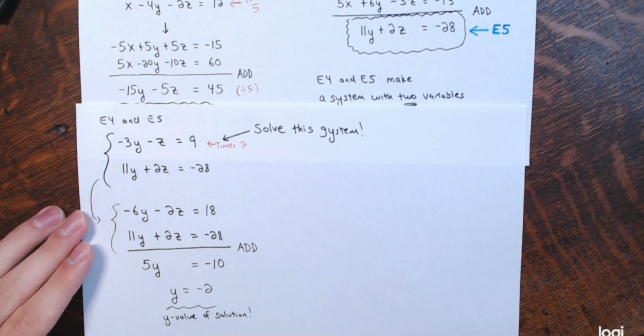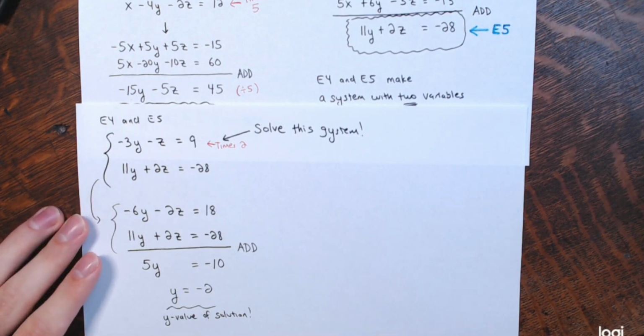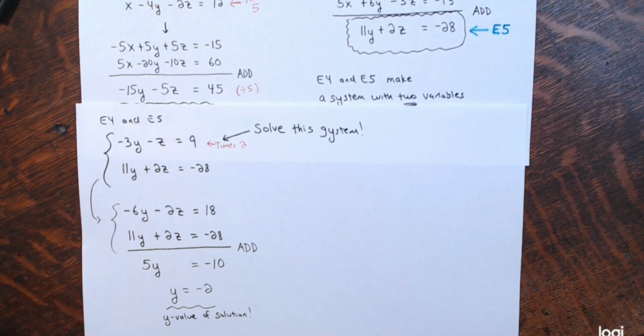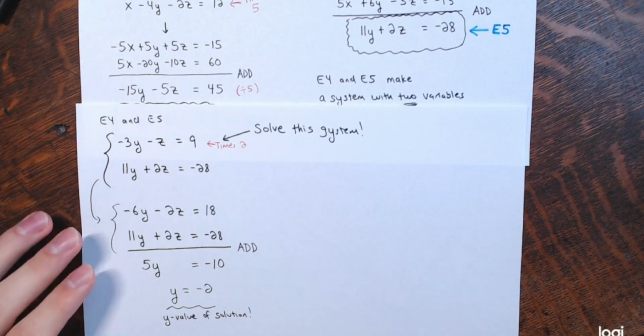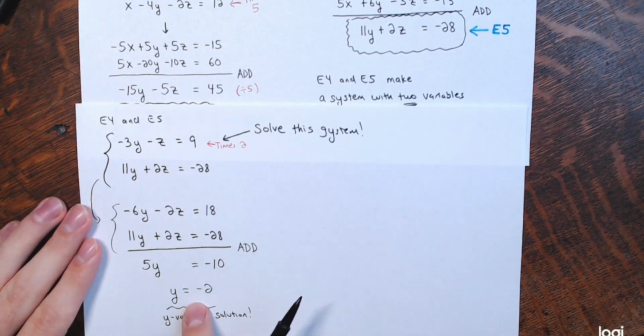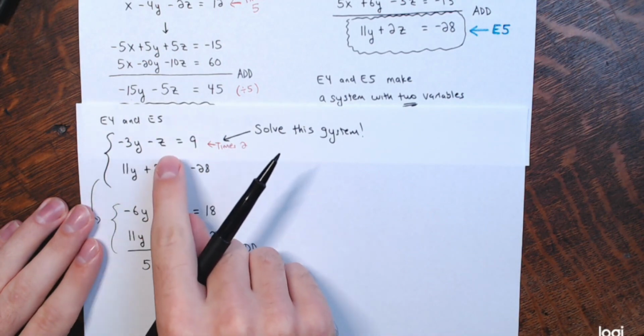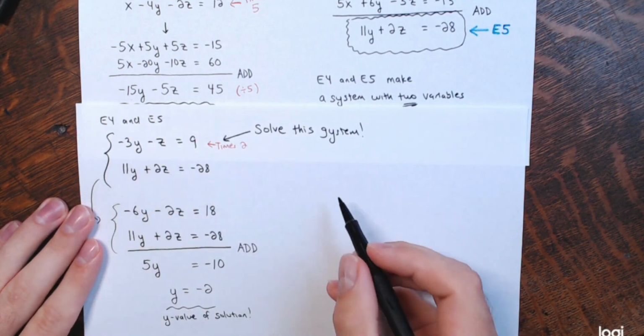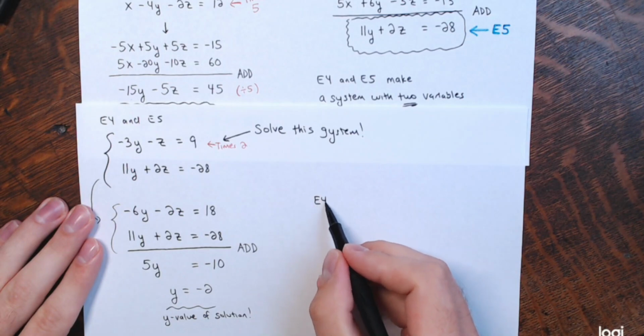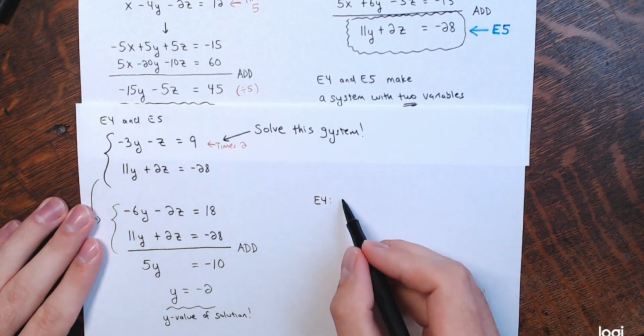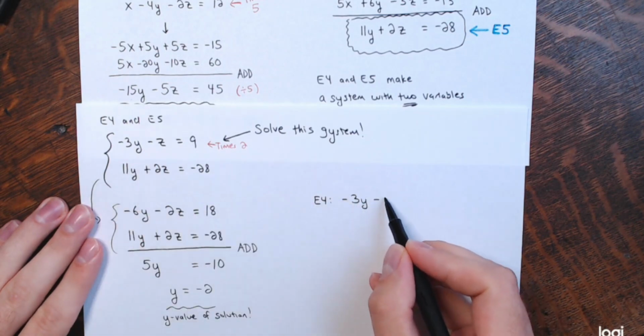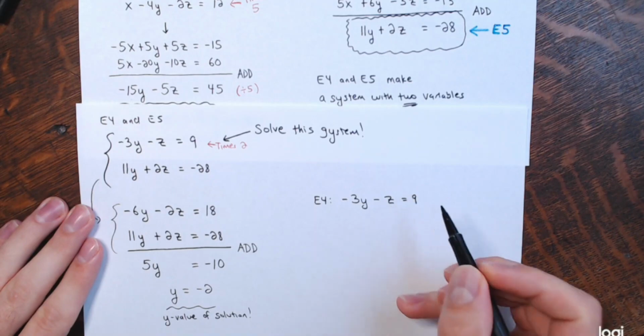But that's only 1/3 of the solution. Remember, we need a value of x and a value of z at the very end. But now that I have this value of y, I can go back into this system with y and z and solve for z. So let's go back to, say, equation 4. We have negative 3y minus z equals 9.